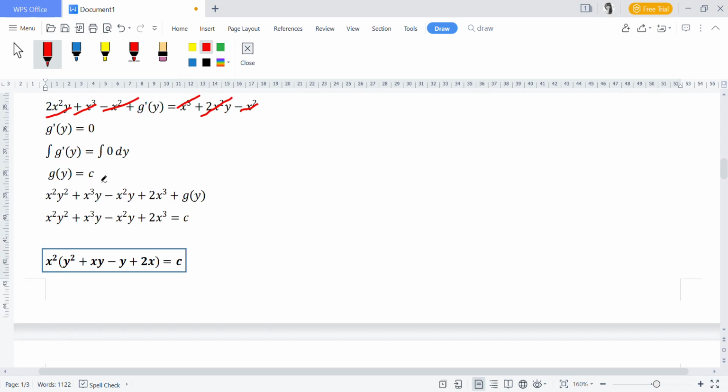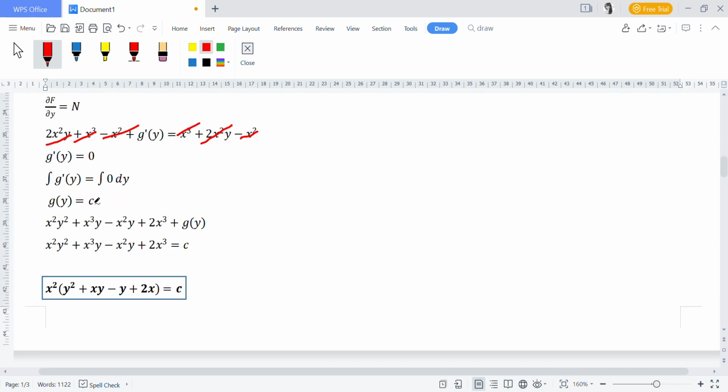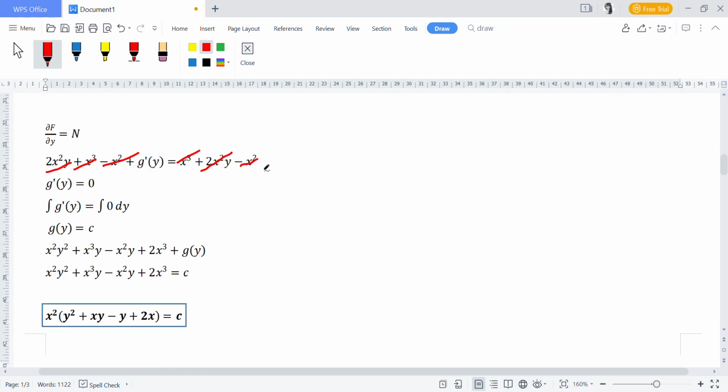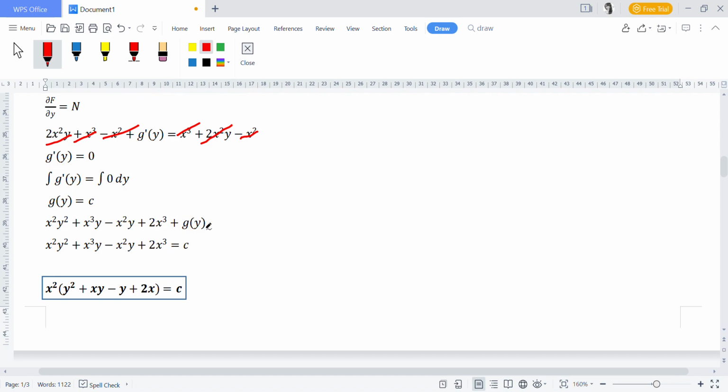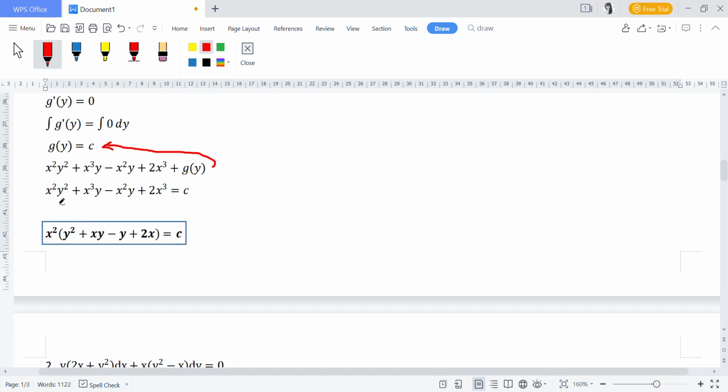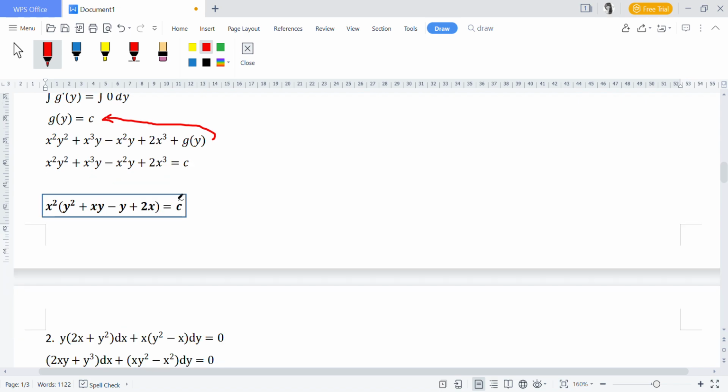Now, in this one, we're just going to put this value in here. Copy this function, then substitute g of y into this one. So we will now have x squared y squared plus x cubed y minus x squared y plus 2x cubed plus c, or just equal to c, I mean.